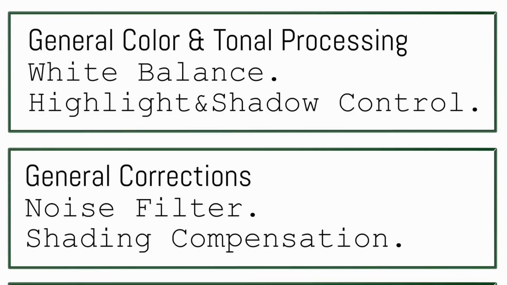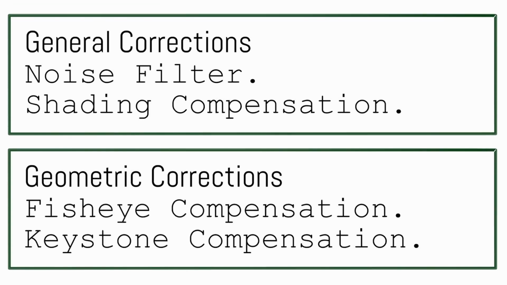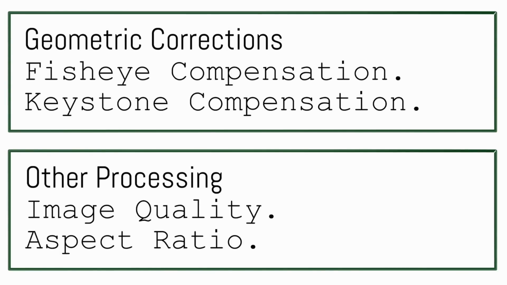We've got the general color and tonal processing, including white balance and the highlight and shadow control function. Then there are some other general corrections that can be user adjusted, like the noise filter and shading compensation. Also, geometric corrections can be applied to the raw data, like the fisheye compensation and the keystone compensation.